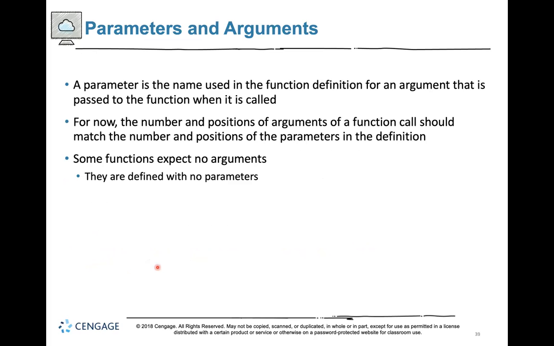A parameter is the name used in the function definition. When you call the function, you supply arguments that correspond to the parameters you declare for the function. In some cases, the position of the argument is significant, in some cases it is not. There are actually two types of arguments: positional arguments and keyword arguments.